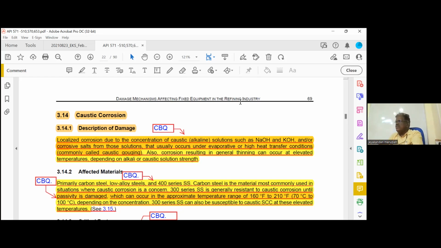Just as we have seen boiler water condensate, again, it is a boiler related damage mechanism. In the boiler, I told you, the water wall panel, water is moving. It is converted into steam by heating through the burner. In the water, they will generally mix caustic. The purpose of adding caustic is to improve the steam efficiency. You want pure steam, highly efficient steam. So they will add caustic.